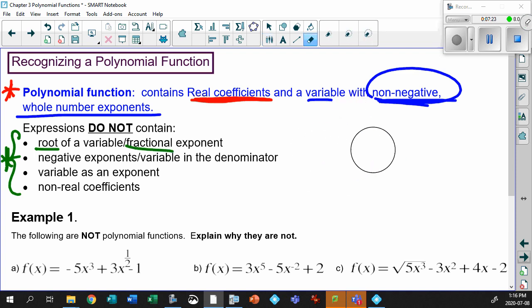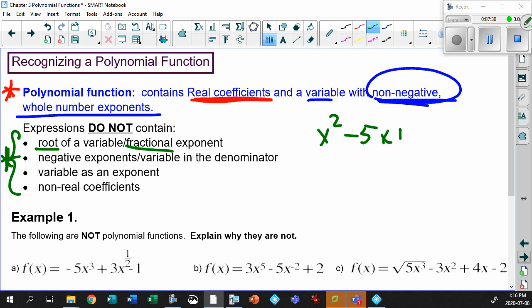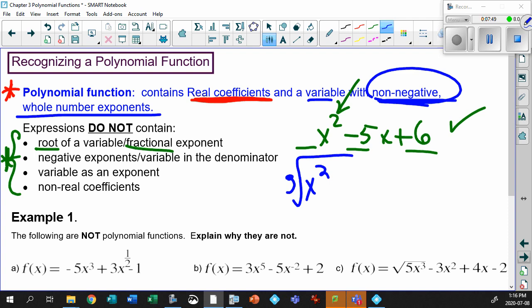Well, take a look here. Your typical polynomial, like x squared minus 5x plus 6. That's a polynomial. Why? Look, that's a nice whole number, the numbers up front are real, everything's nice and pretty. But what if I put in the cube root of x squared?